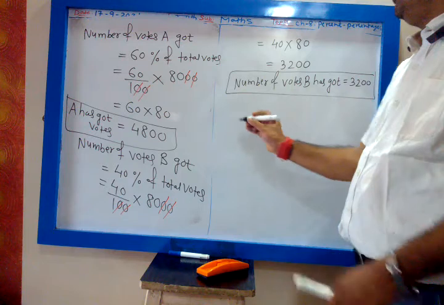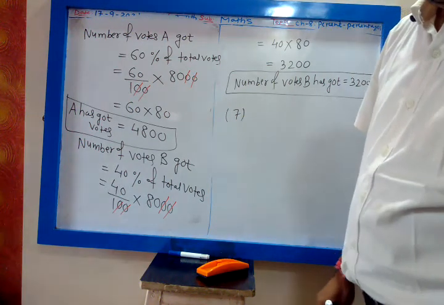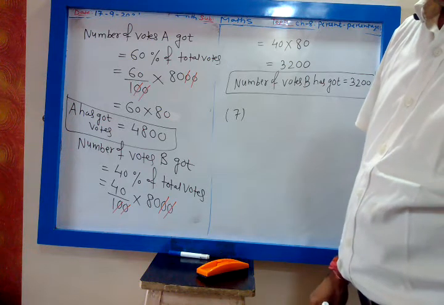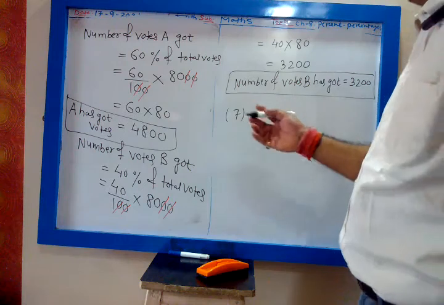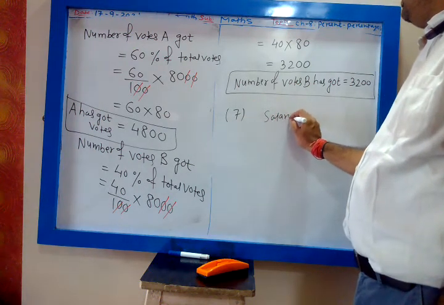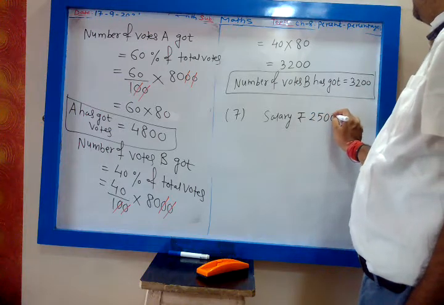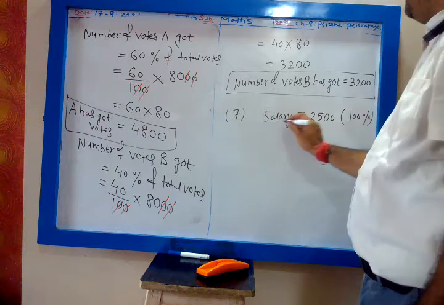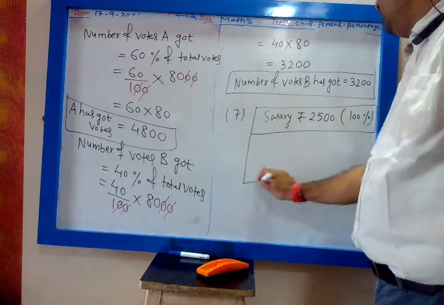Next one, seventh one. A person saves 12% of his salary every month. If his salary is 2,500, find his expenditure. So remember this. Salary is 2,500 and salary is the total, which is 100%. From salary, two things are done.